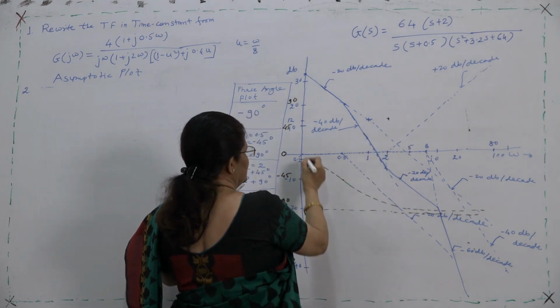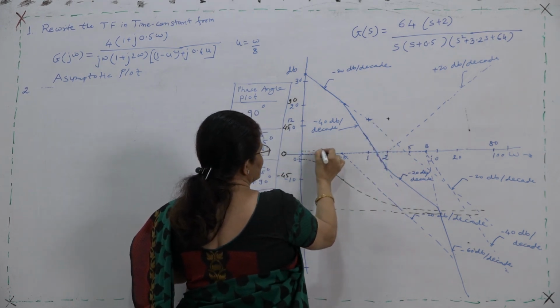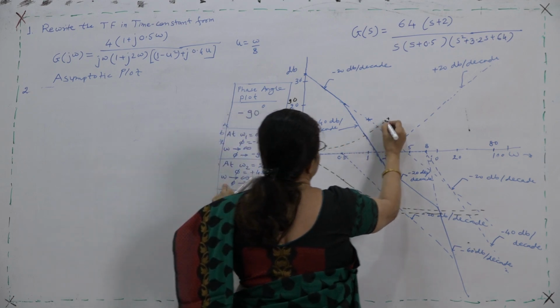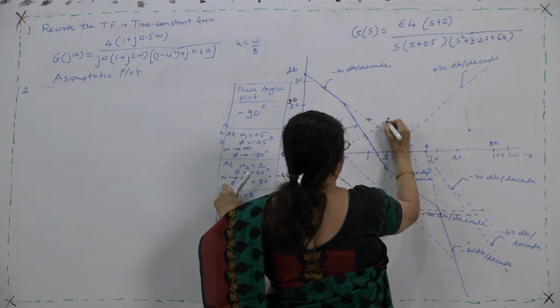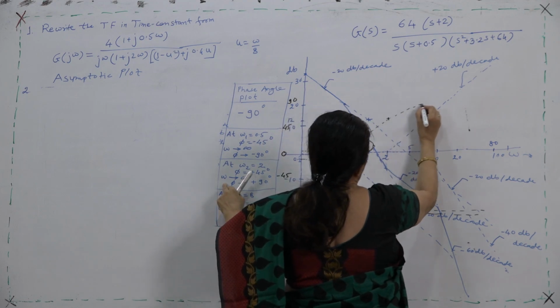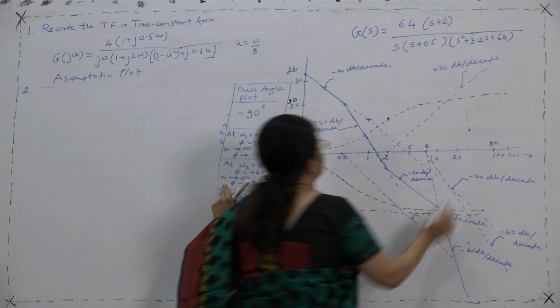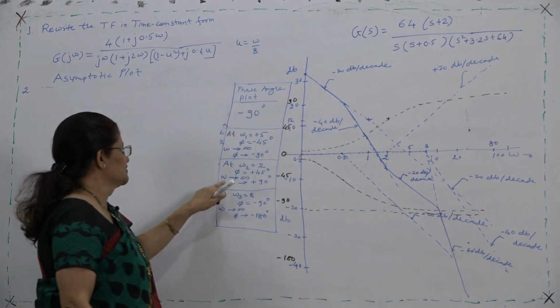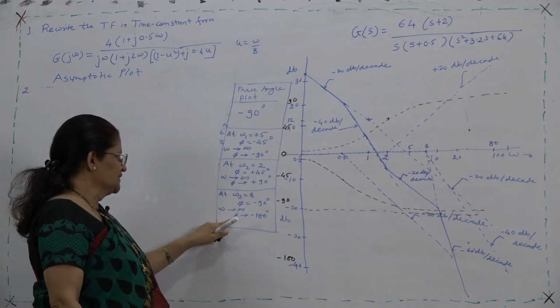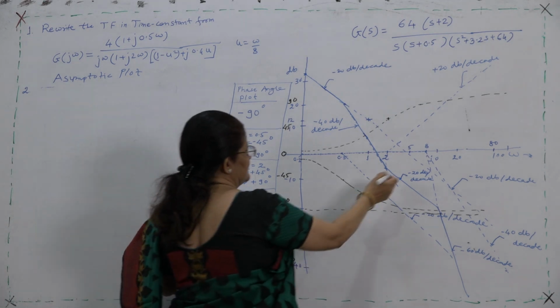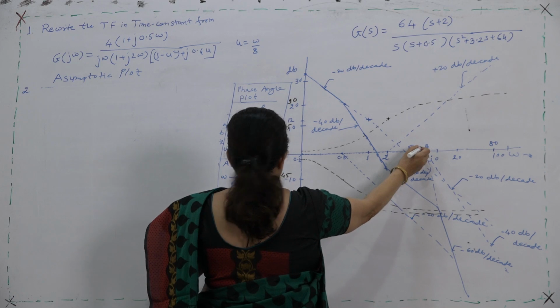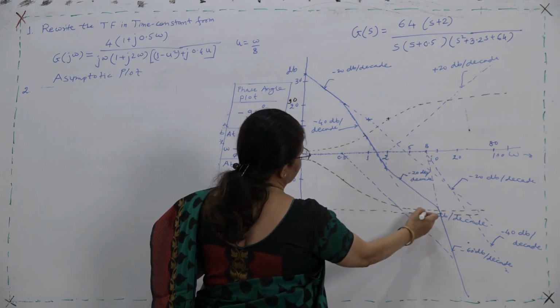And how will you get the variation? As plus tan inverse function, and it will go towards plus 90 degrees, but it will not reach 90 degrees. So, this is because of this factor. What about this? When omega is 8, it is minus 90 degrees. Okay.